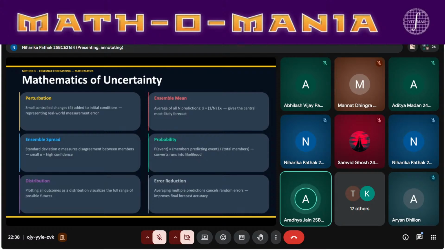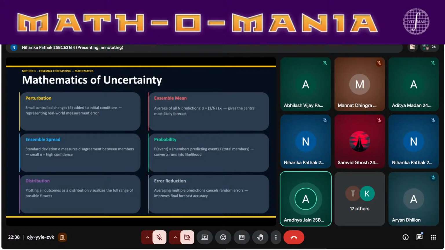So what does this actually give us? This gives us the probability of that particular event. The formula for the probability of that particular event, which we might already have guessed, is the members predicting the event upon total members. Let's say we want to find the probability of rainfall.